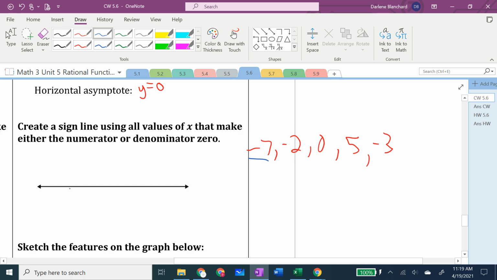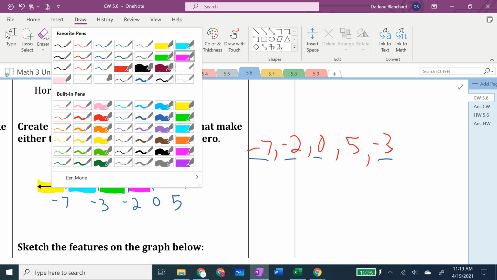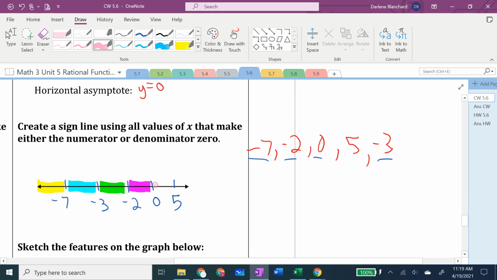Smallest of these is -7, next -3, next -2, then 0, and then finally 5. Wow. This gives me 1, 2, 3, 4, 5.